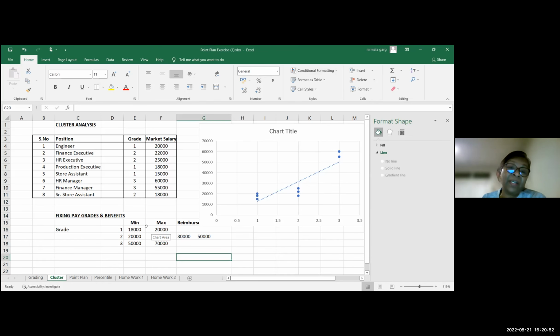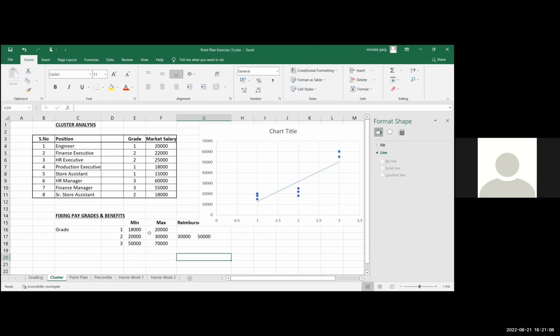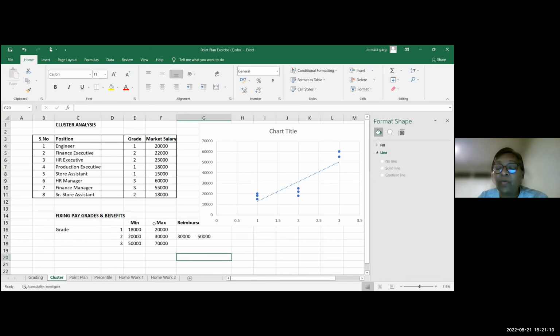You may ask me why the difference should be just 10 to 15%. Typically, because at a low level it's only a question of your skills, so people get promoted in 1 to 2 years, or at best 3 years. So the width at lower levels is 15 to 20%.